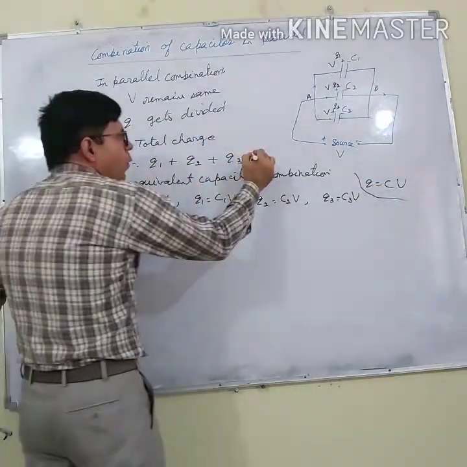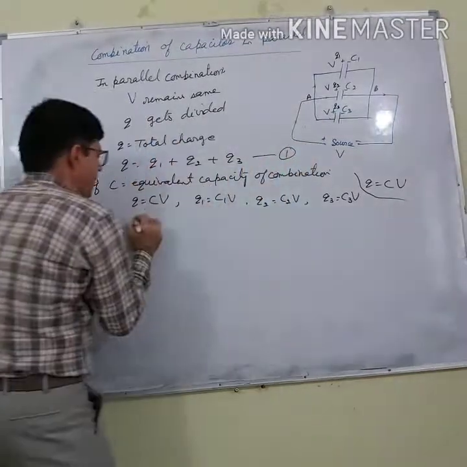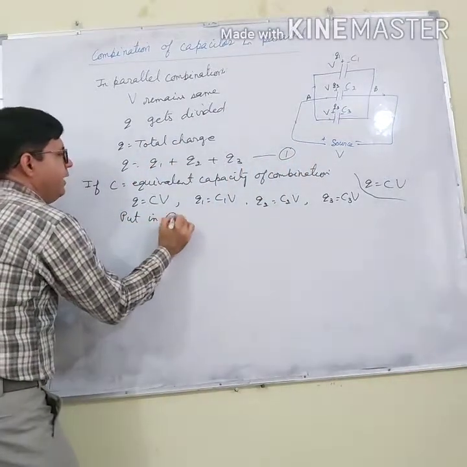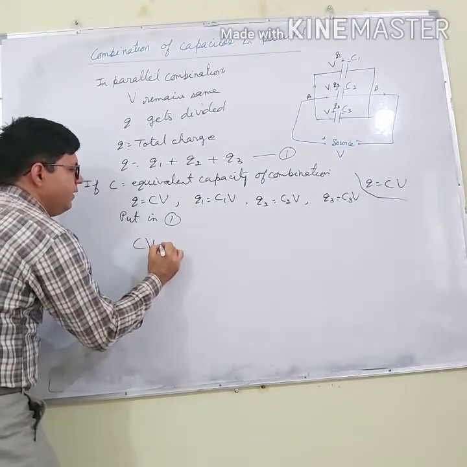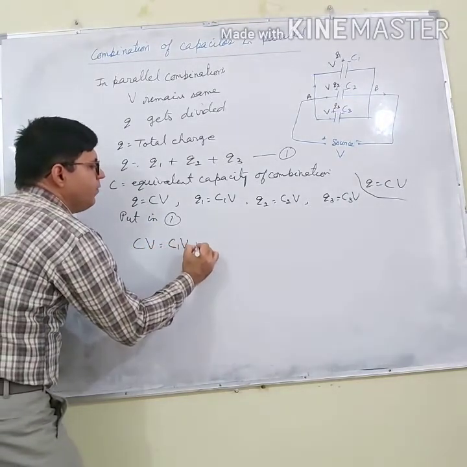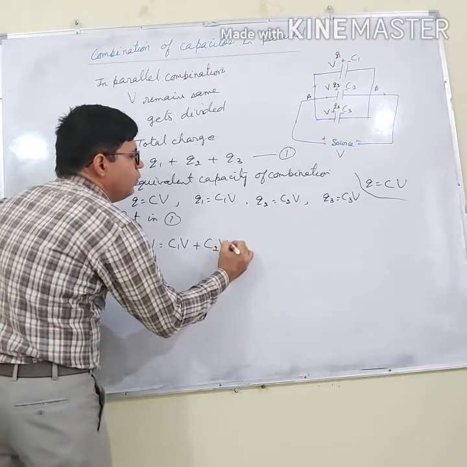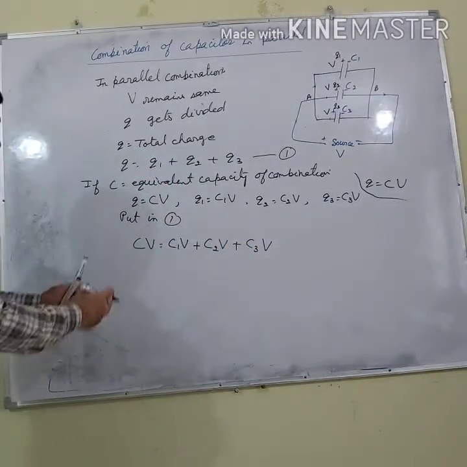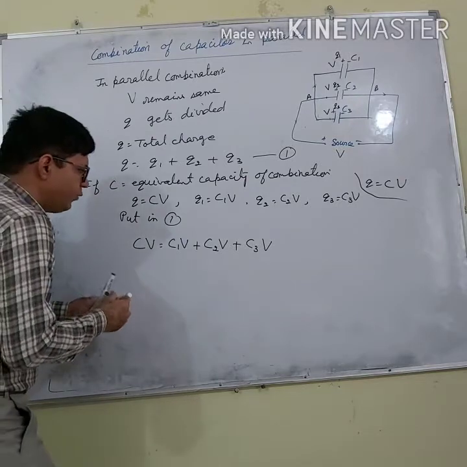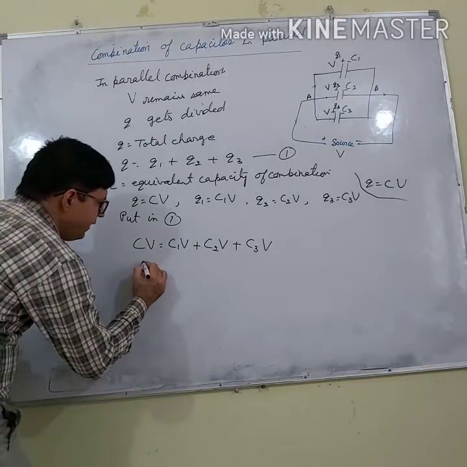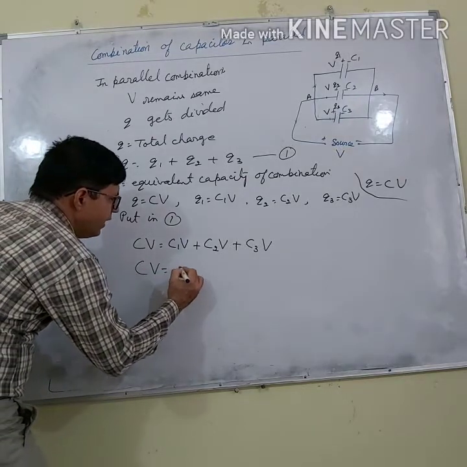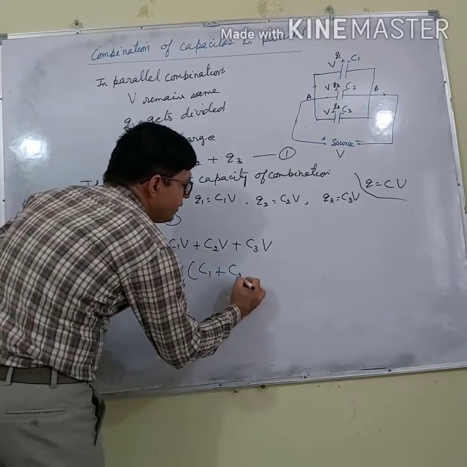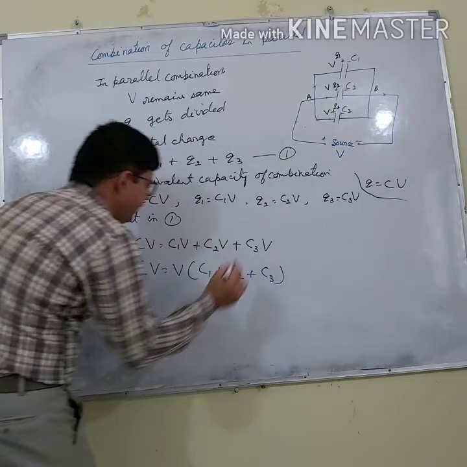So what you do? Put in 1. I can say CV equals C1V plus C2V plus C3V. So you can see that V is common here. Let me take V common: CV equals V times C1 plus C2 plus C3.